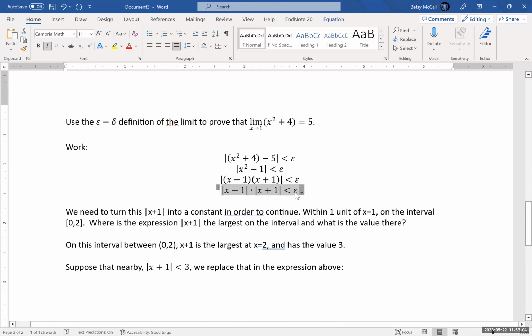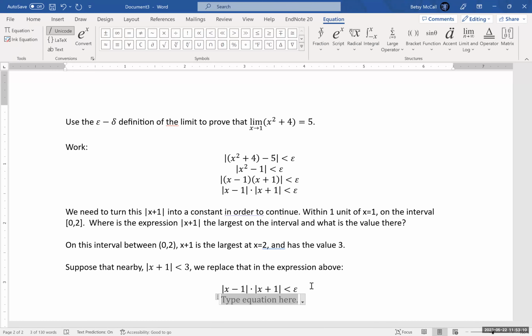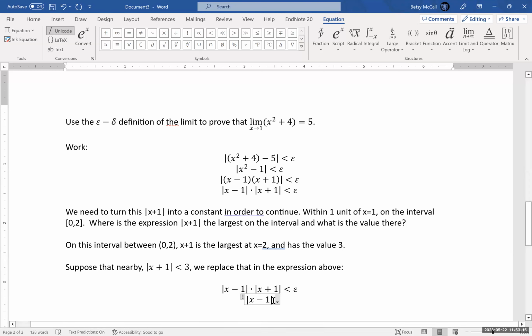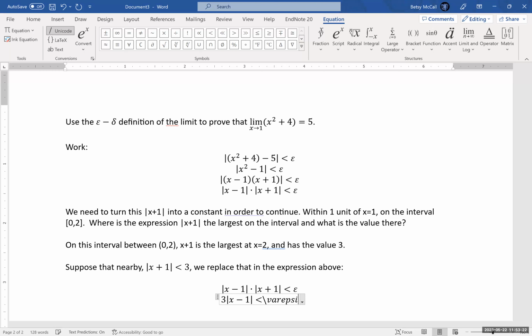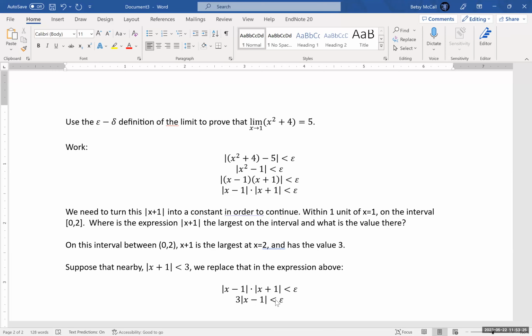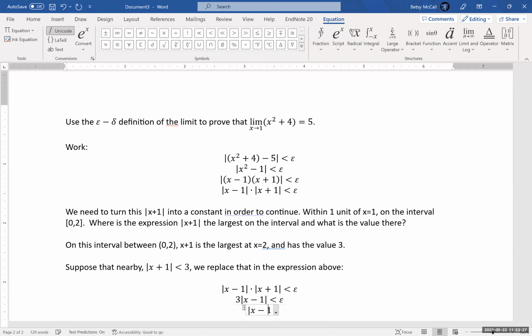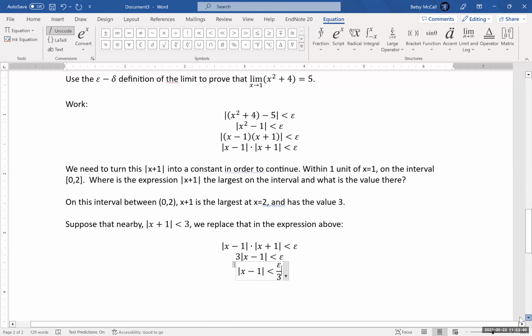So this expression is now going to imply that x minus 1 times 3 is also going to be less than epsilon. And therefore, the relationship that we want is that epsilon over 3 is going to be the value for our delta.